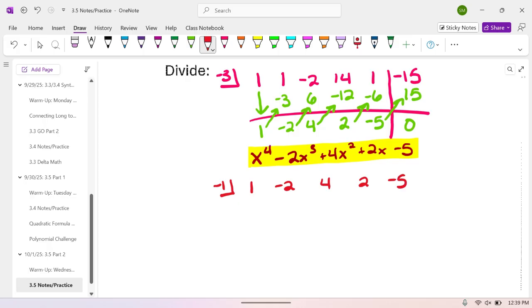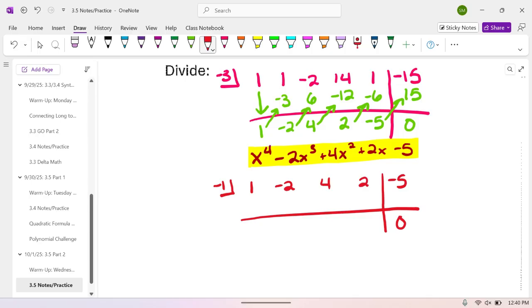Good. Draw my line. There we go. And since it's a factor, our remainder should be what? 0. So again, if it helps to remind you, go ahead and write the 0 in as the remainder to make sure that you should have a remainder of 0. If you don't, you did something wrong. Okay?